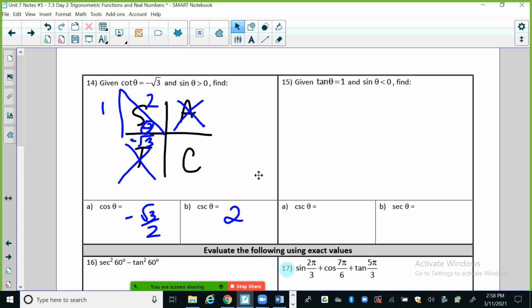All right, here's the answer to 14. Go ahead and check that. Let me know if you have any questions.